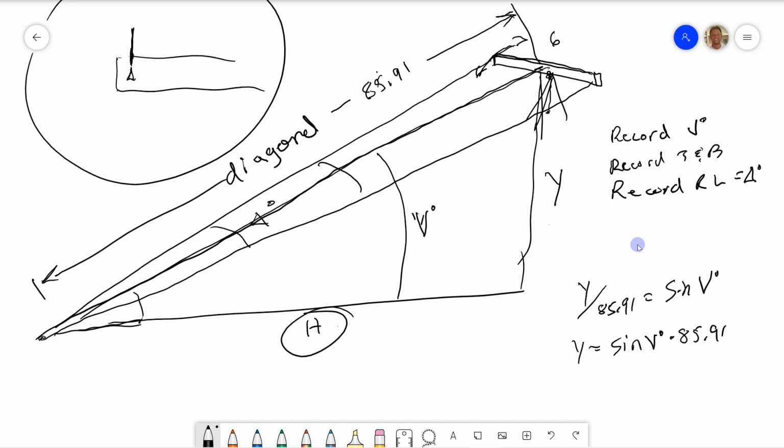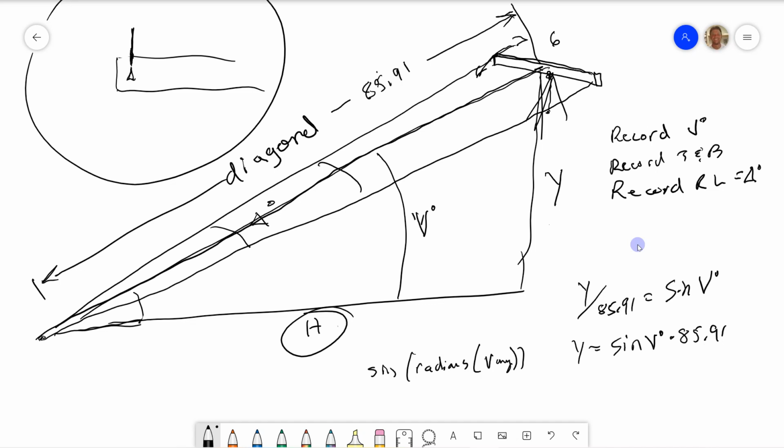85.91. And if you plug this into Excel, you would say sine of V, whatever the angle is; you have to say sine of radians of the vertical angle, close, and that would give you back the sine of that.